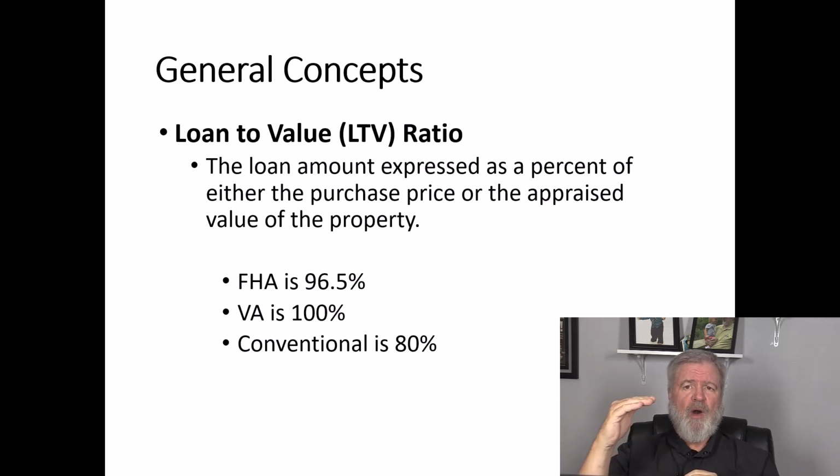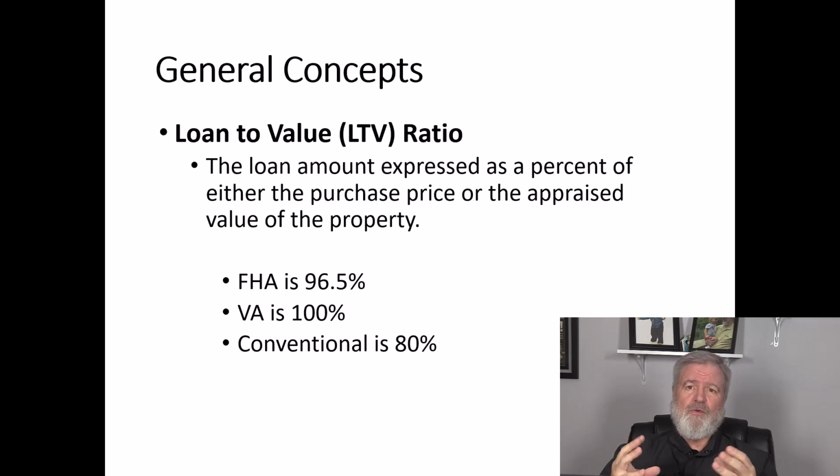So the purchase price, say it's $100,000, they're only going to loan you 90% of that purchase price. Purchase price is $100,000. They're only going to loan you $90,000. Well, wait a minute. What about the other $10,000 I still have to pay the seller? You're going to have to pay that out of pocket, right?